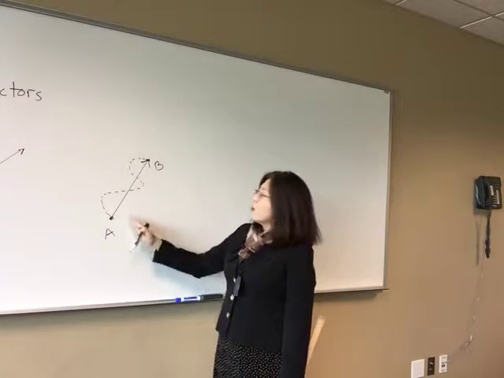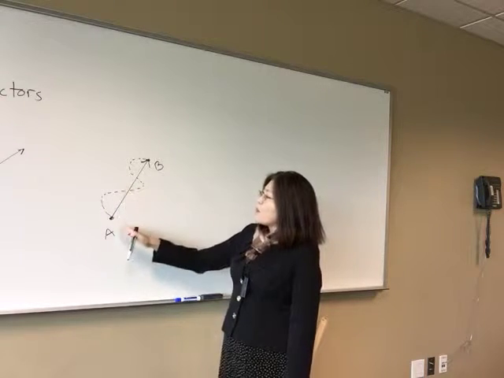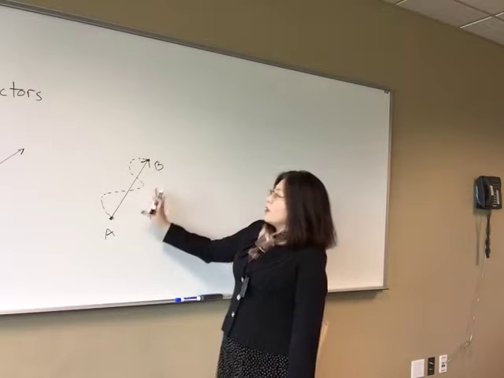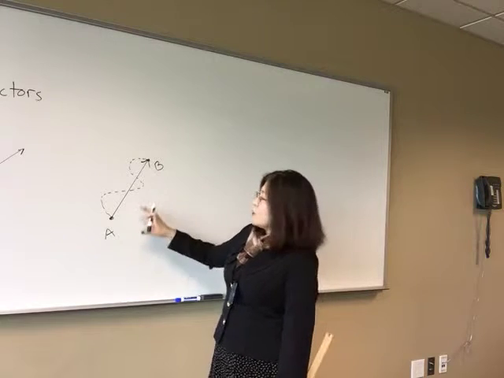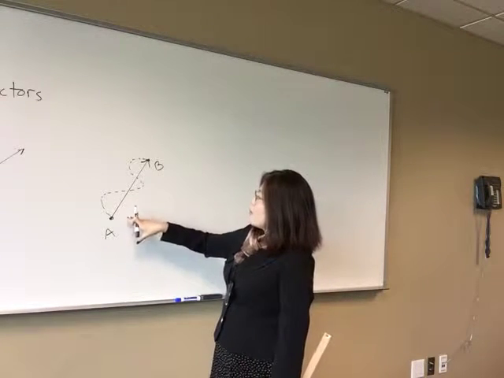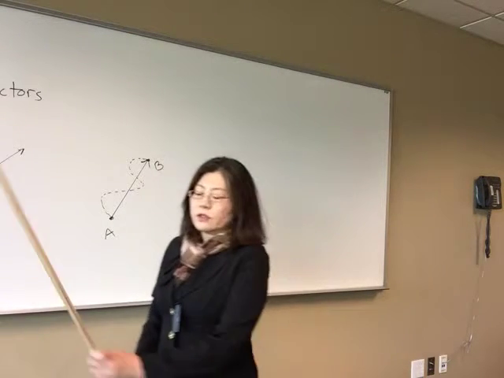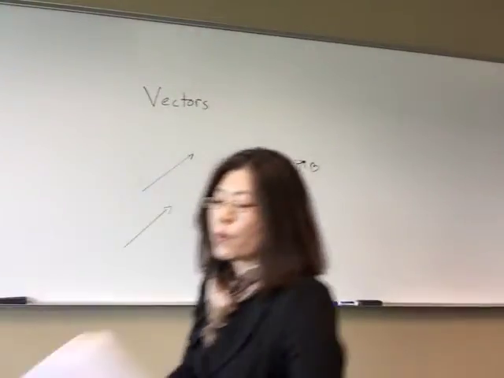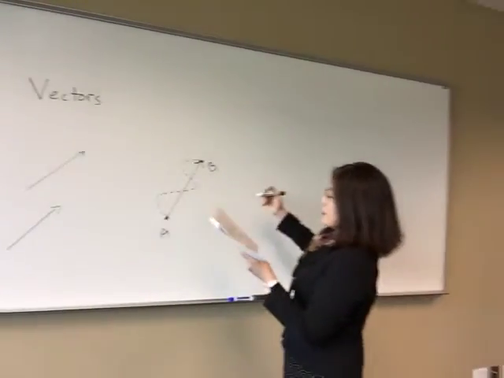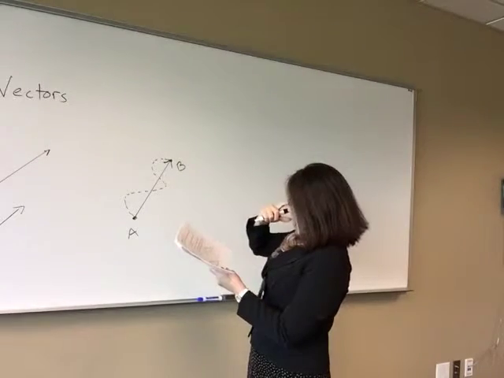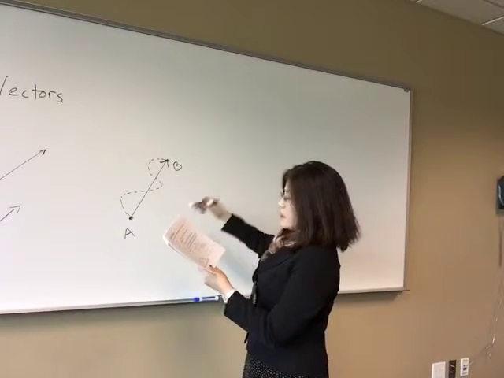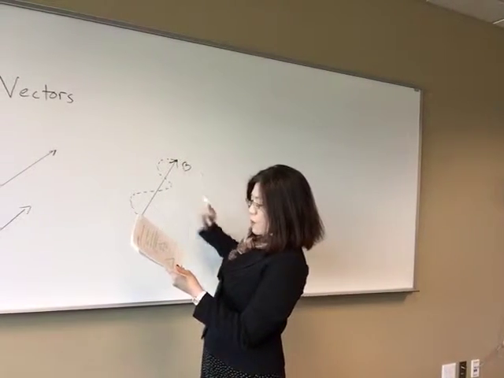So we can see that regardless of how you walk from point A to point B, when it comes to the displacement, it's just a direct straight line connecting these two points. So this is your starting point and this is your final point.